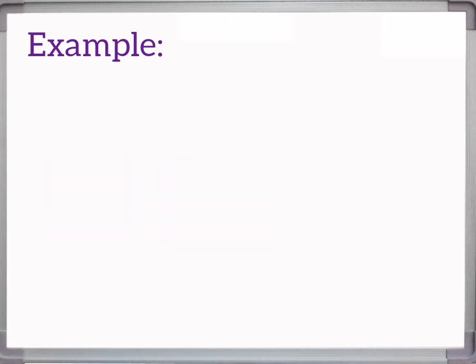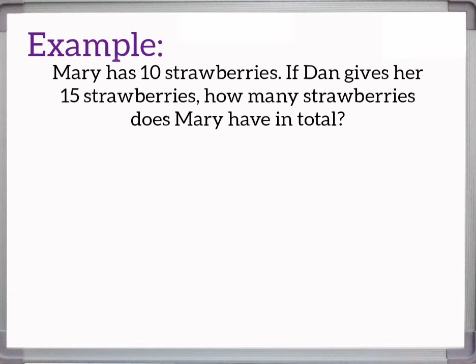Now let's go with the other example. It says Mary has 10 strawberries. If Dan gives her 15 strawberries, how many strawberries does Mary have in total? Now let's try to understand the word problem. At the beginning it says that Mary has 10 strawberries. Then Dan gives her 15 strawberries.